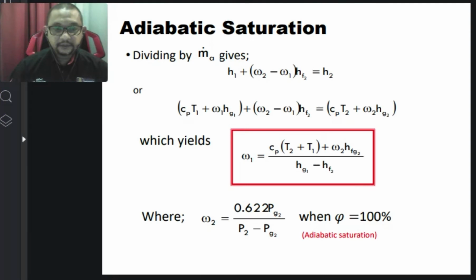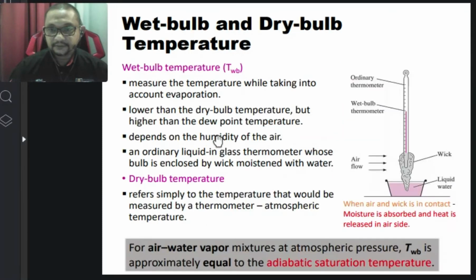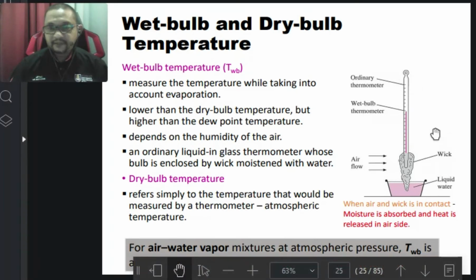This method is a more practical approach, and we can use a thermometer whose bulb is covered with a cotton wick saturated with water, and blow air over the wick, as shown in the next slide. Okay, like this. This is what I mentioned.